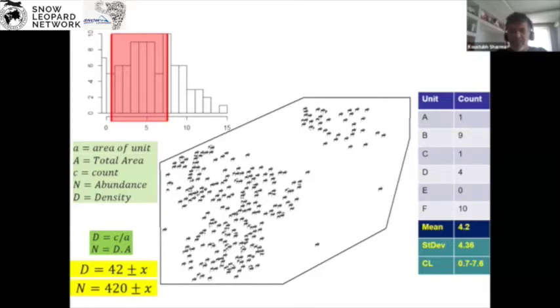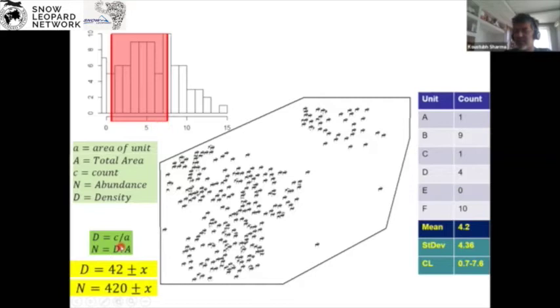Now, if you look at something remarkable here, which is the standard deviation, or forget about the standard deviation because it may not be very intuitive at times. Look at the confidence limit, 0.7 to 7.6. What it's saying is my estimate, or the actual number of animals per sampling unit, could be anywhere between 0.7 to 7.6.